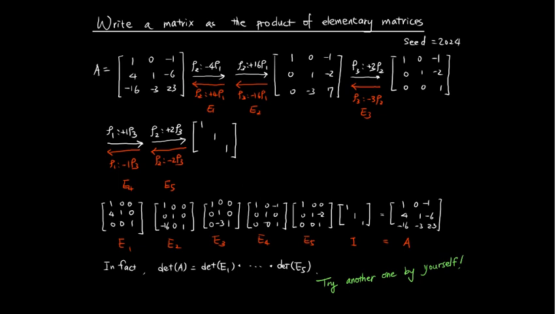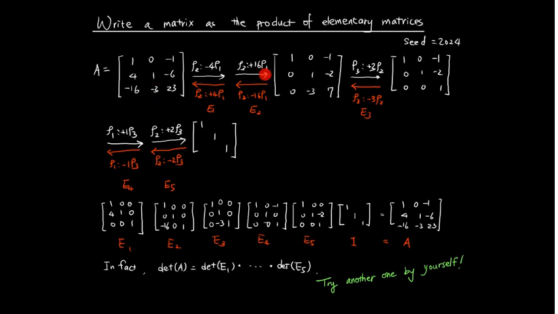Okay, so let's try to do the row operations and get this back to the identity matrix. This is the matrix A coming from seed 2024. I will apply some row operations, and I do several things together. So I remove 4 times row 1 from row 2, and add 16 times row 1 to row 3.